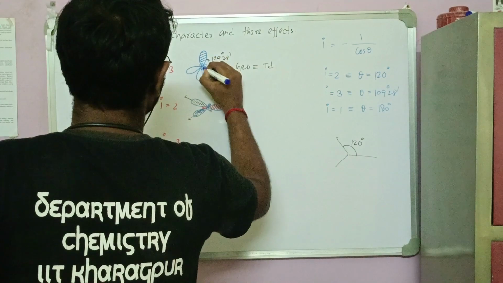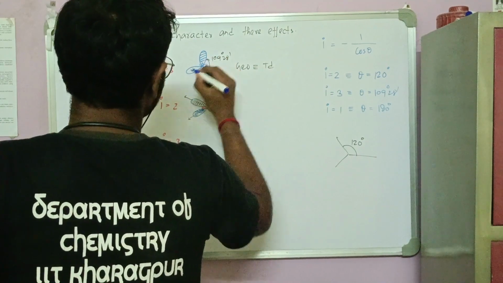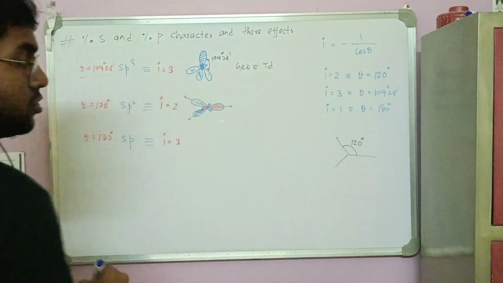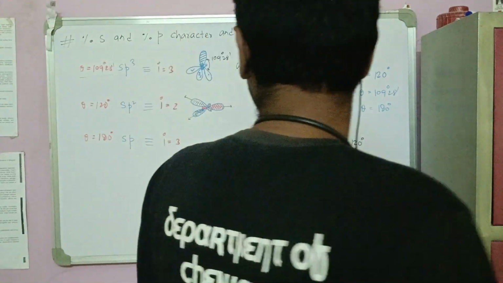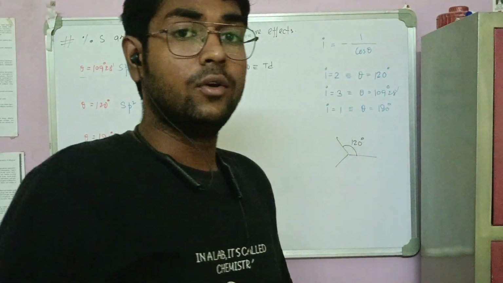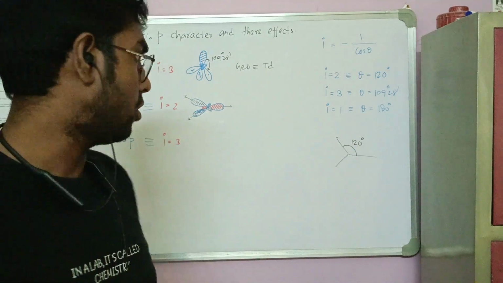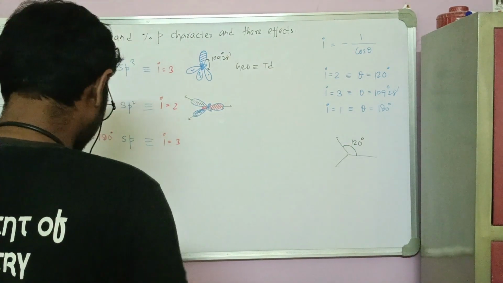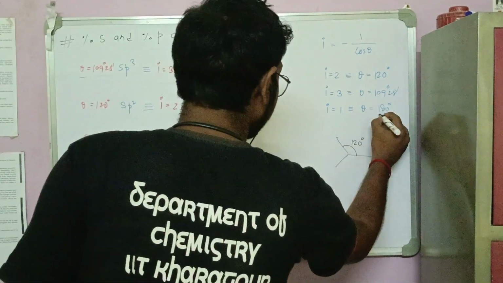So one is this one, second is this one, third is this one, and fourth is this one. To make the 120 degrees, we have to get three sp2 orbitals, and for sp orbitals, how many orbitals do we need to get 180 degrees?